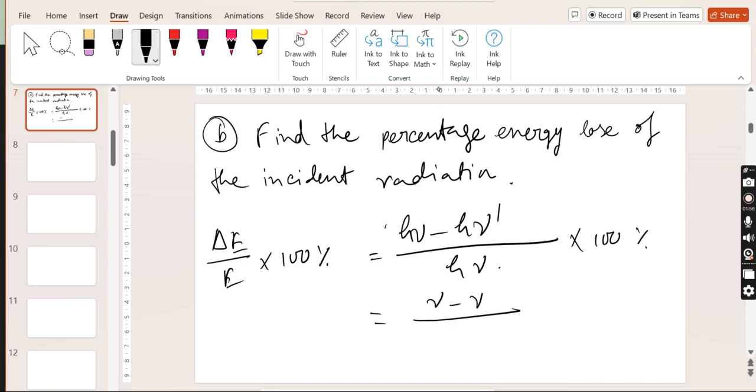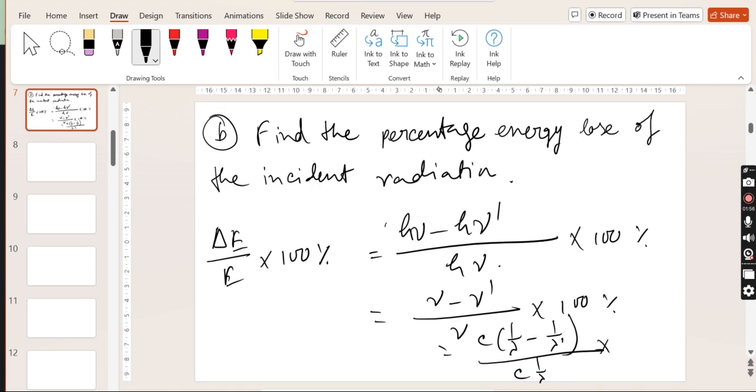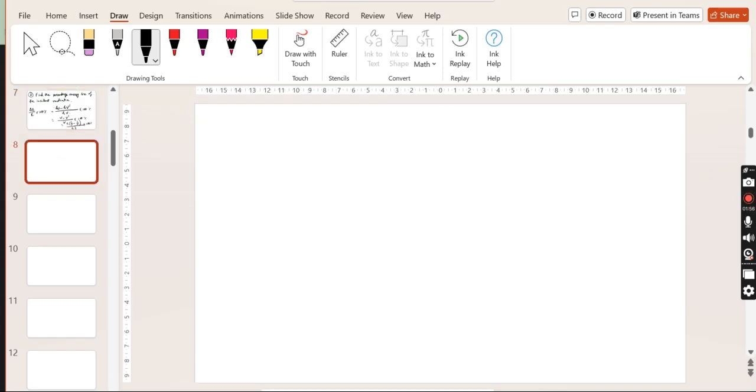So that is nu minus nu dash by nu into 100%. That will be c times (1 by lambda minus 1 by lambda dash) by c times 1 by lambda, into 100%. So lambda cuts out, and we get lambda dash minus lambda over lambda dash.